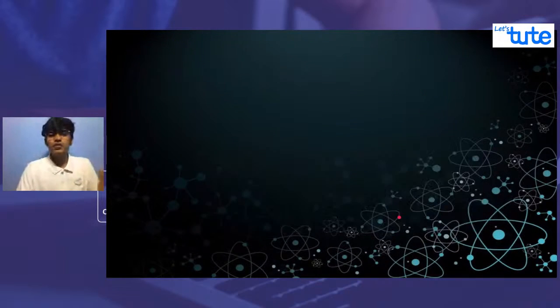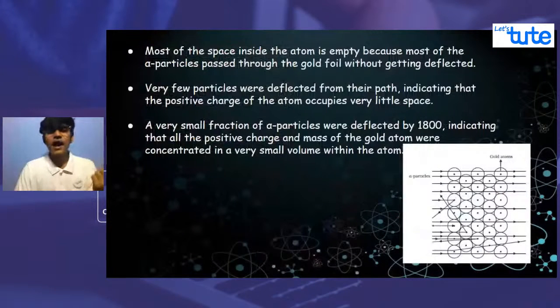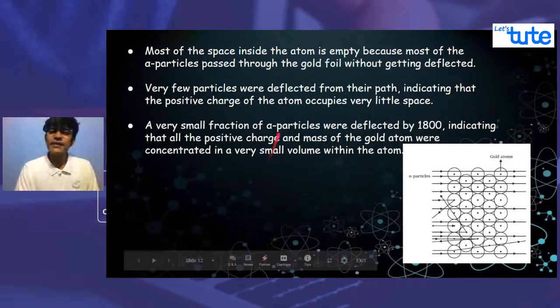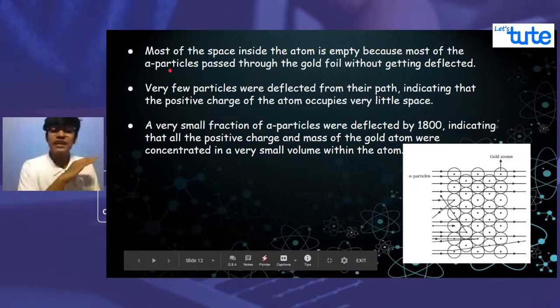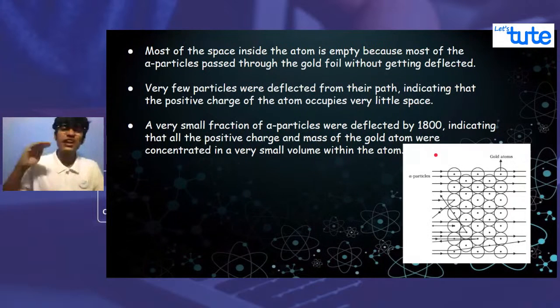So what was the conclusion made by Ernest Rutherford? He said that most of the space inside the atom is actually very empty. So it's empty, and therefore the alpha particles used to pass straight through it. Because it's empty, most of the alpha particles used to pass straight through it.